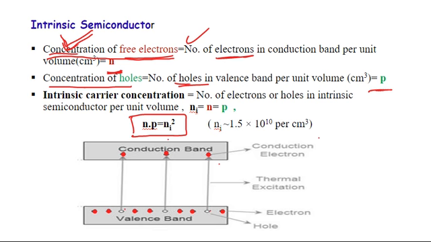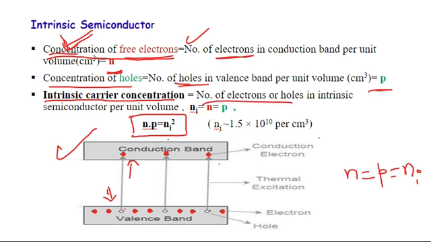Here you can see in this figure that the number of electrons in the conduction band is equal to the number of holes generated in the valence band. So N is equal to P, which is equal to the intrinsic carrier concentration, Ni. So what is Ni? Ni is the number of electrons or holes in an intrinsic semiconductor per unit volume.